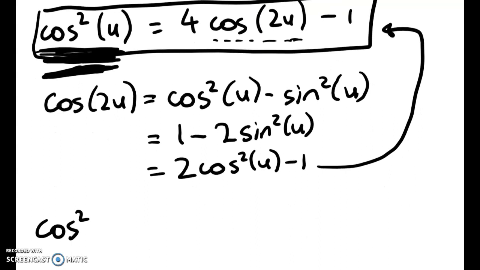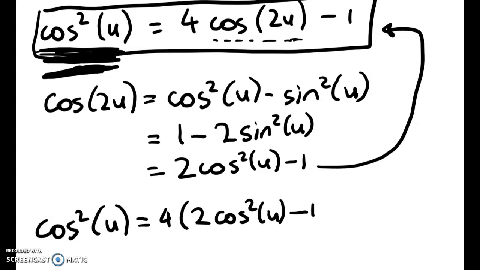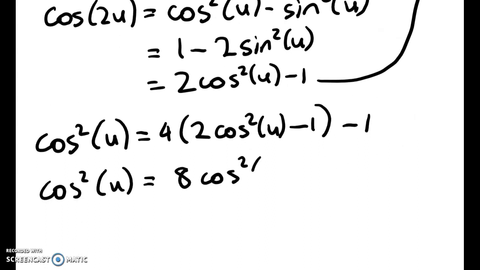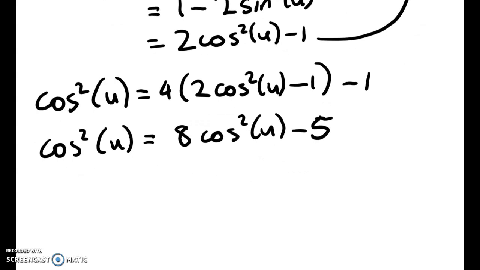That'll give me cos squared of u is equal to 4 times 2 cos squared u, take away 1, take away 1. Cleaning up, we get cos squared of u is equal to 8 cos squared u minus 4 minus 1, which gives me minus 5. And now I'm going to collect up terms.